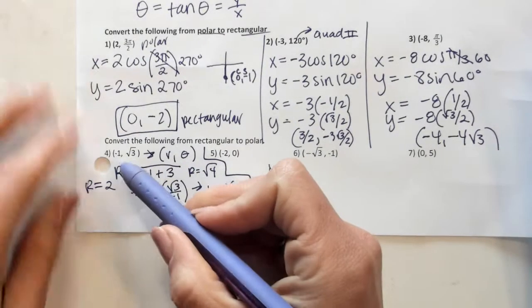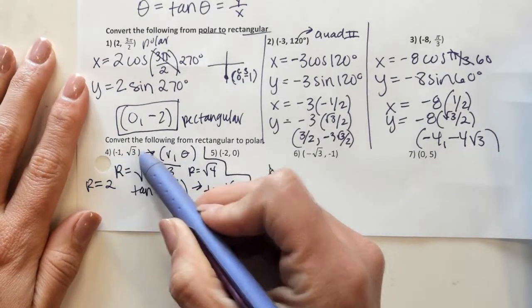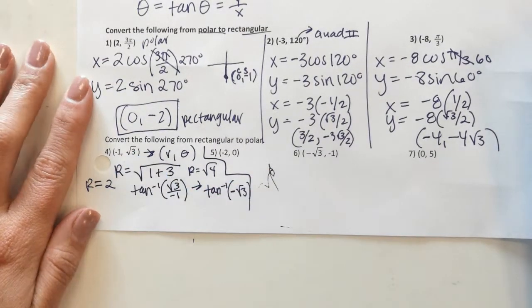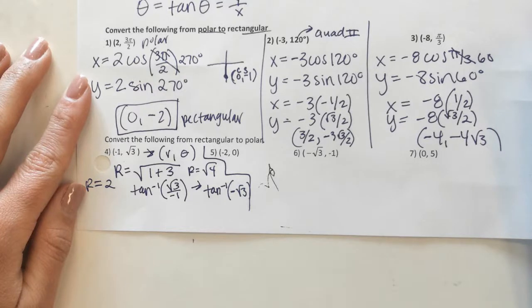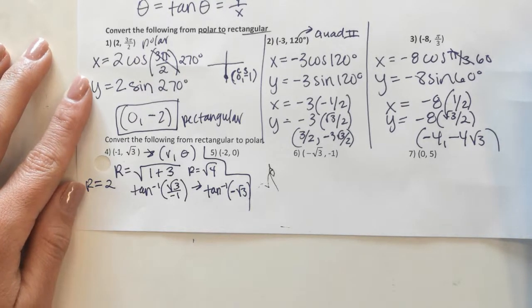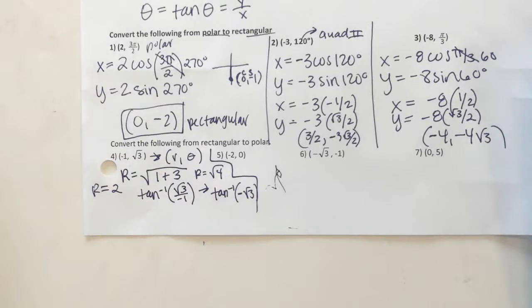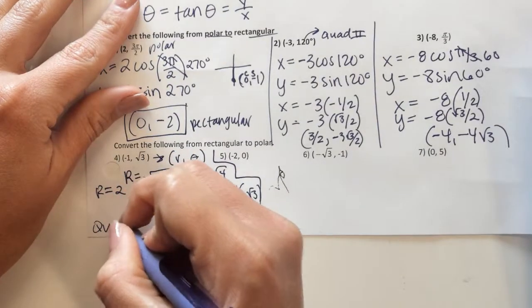We notice that cosine is what? And sine is positive. That tells us it's in what quadrant? If cosine is negative and sine is positive, what quadrant? Quadrant 2. All students take calculus, so it's in quad 2.